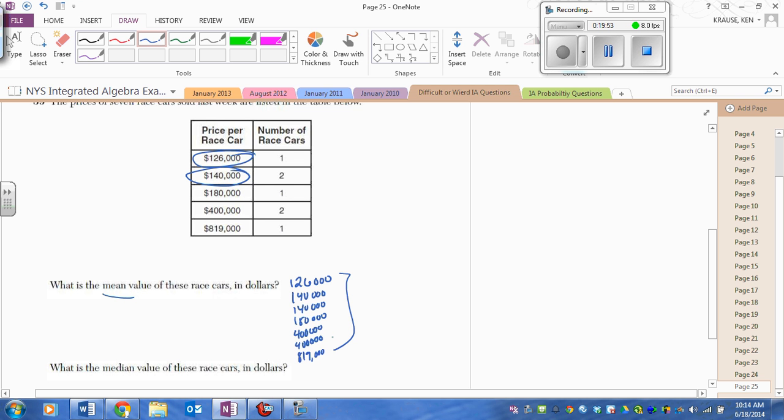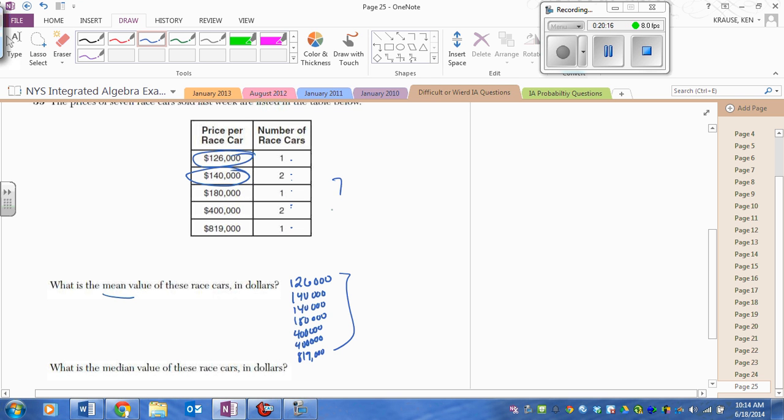So 126 plus 1,000 plus 26. I've got 1, 2, 3, 4, 5, 6, 7 cars.